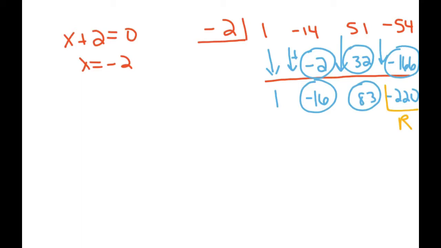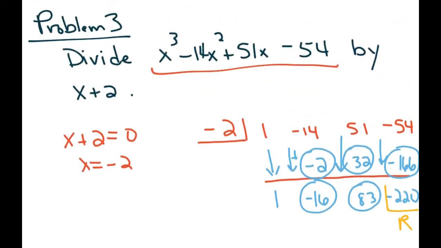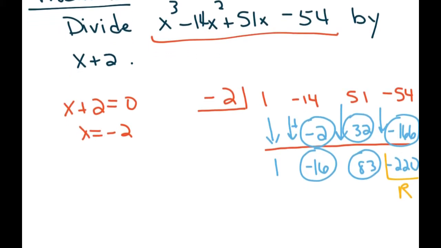And the quotient is always 1 power less than the original polynomial. The original polynomial started with x cubed. Therefore, my new polynomial is going to be 1x squared minus 16x plus 83, with a remainder of negative 220.